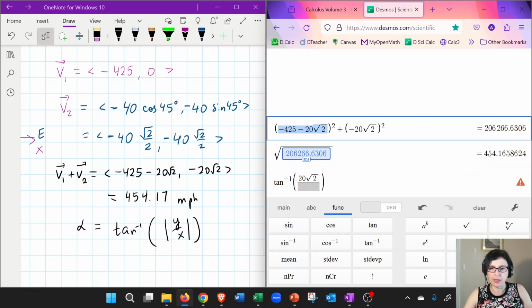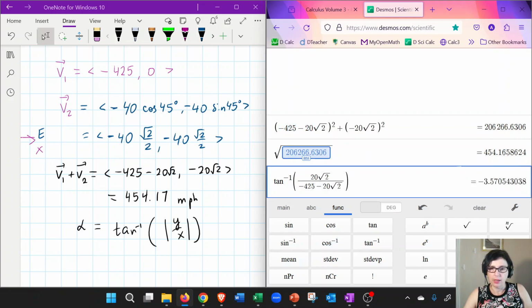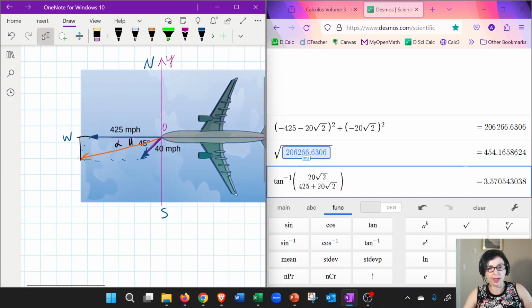Then divide that by this one, but I do not want the negatives in there, just the plus. This should give me the angle. So the angle is 3.57. The plane is flying toward, I guess the bearing is going to be southwest, and the angle would be 3.57 degrees.